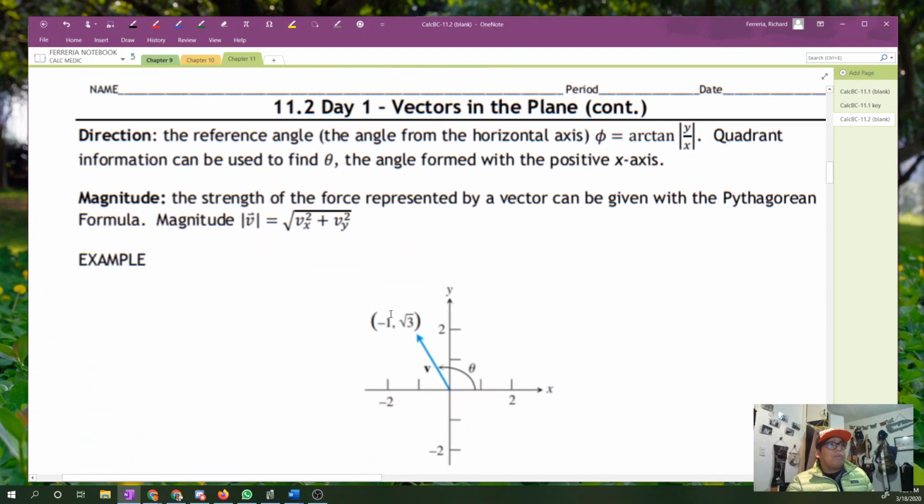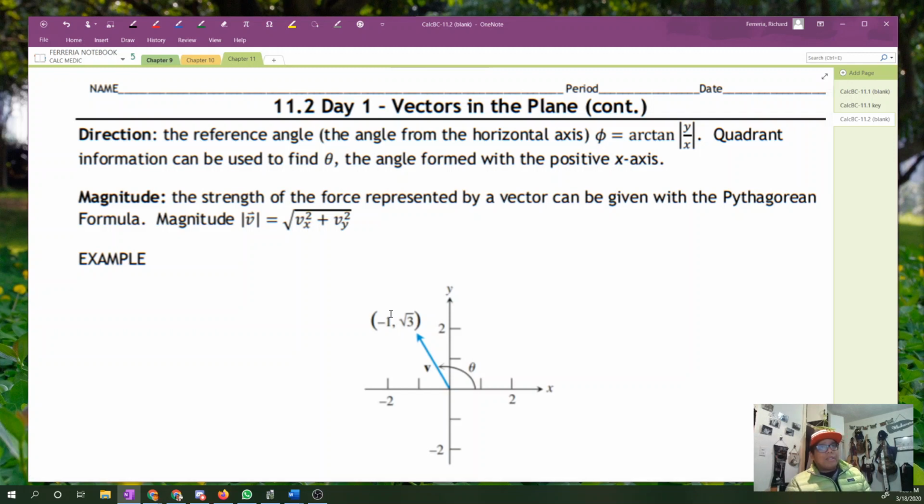Okay, so direction. The reference angle, the angle from the horizontal axis, we'll call phi, can be obtained with arctangent of y over x, where y is the vertical component and x is the horizontal component. Quadrant information can be used to find theta, the angle formed with the positive x-axis.